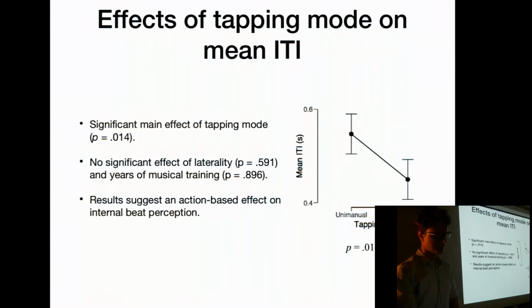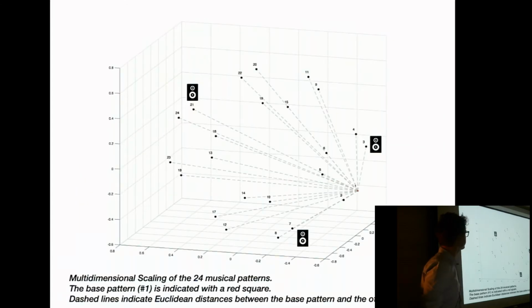Okay, so still on experiment 2, we also performed multidimensional scaling of the 24 musical patterns. This was done in order to have a distance measure that indicated the difference between the base pattern, which is this red dot here, and all the other patterns.